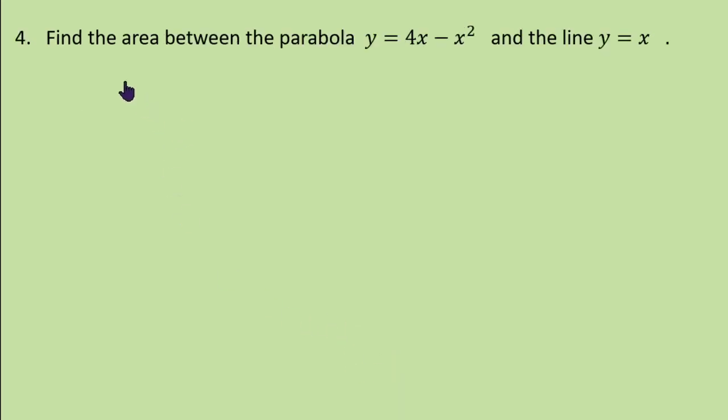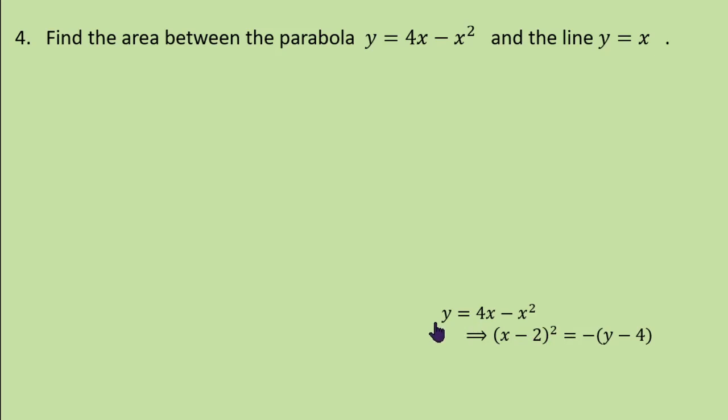One more example. Find the area between the parabola y equal to 4x minus x square and the line y equal to x. Now y equal to 4x minus x square can be written as, take this left side, x square minus 4x, (x minus 2) whole square is x square minus 4x plus 4.